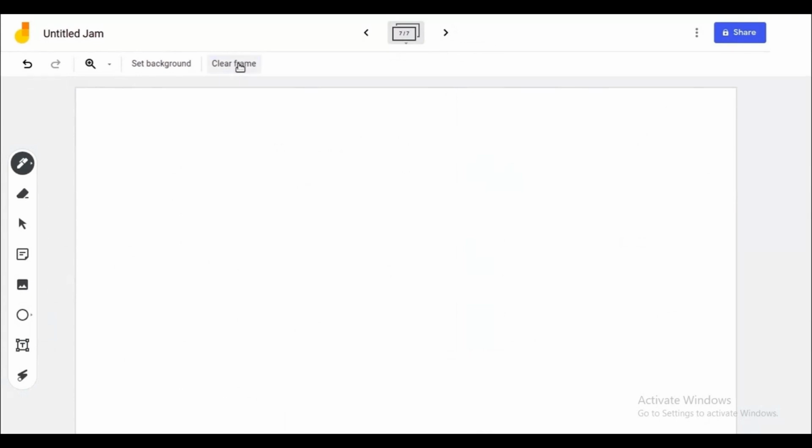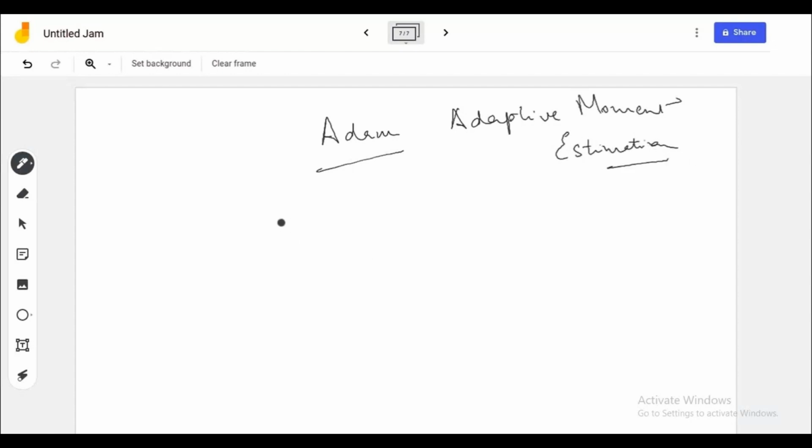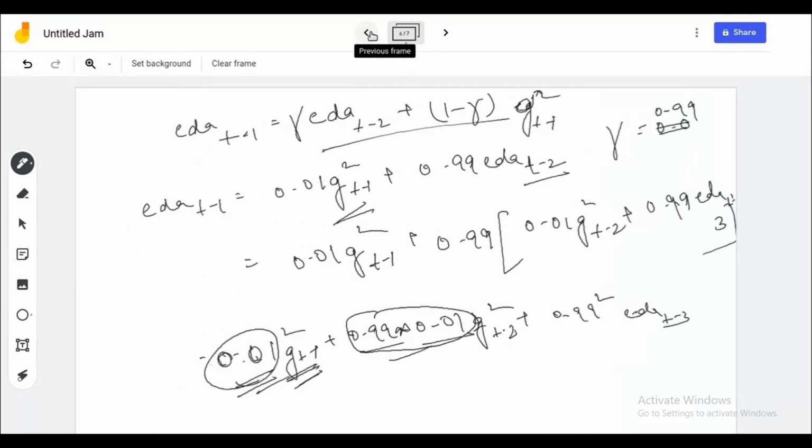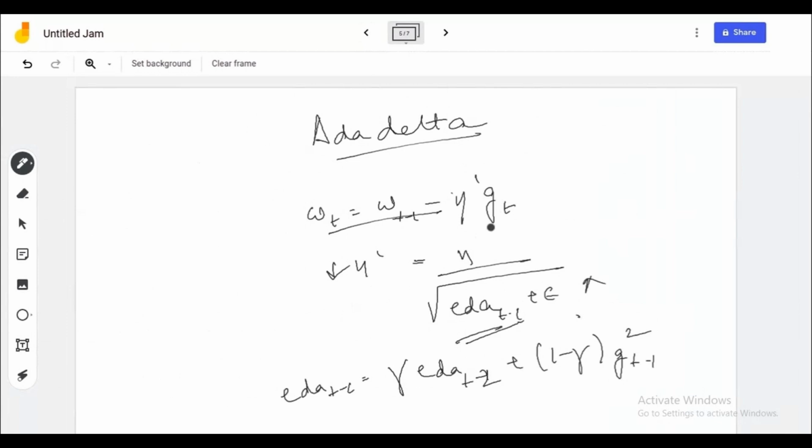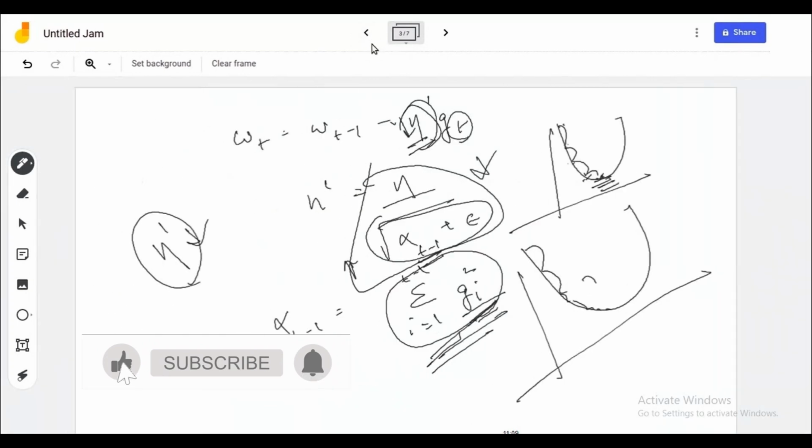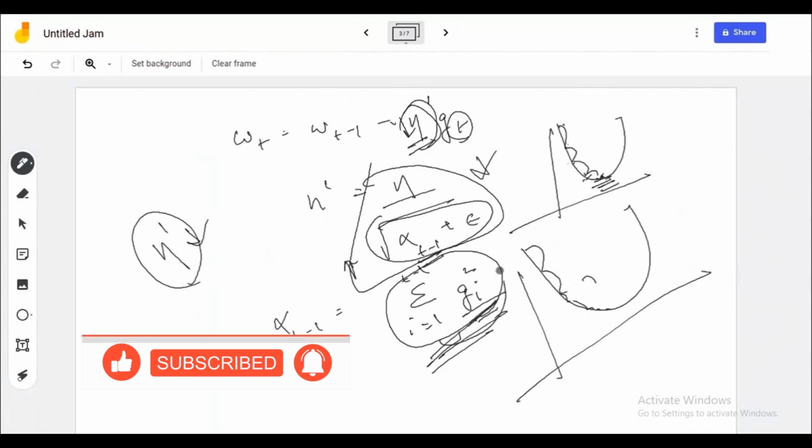So now let us come to the next idea, ADAM. ADAM is the most used optimizer. ADAM stands for Adaptive Moment Estimation. The main idea behind ADAM is, if you look back, in Ada delta what we were using for EDA was gradient squares. Again, in Ada grad, we were using gradient squares.